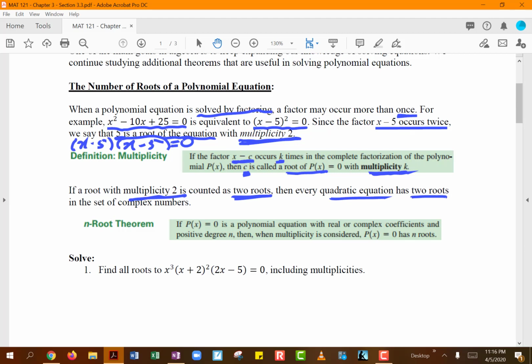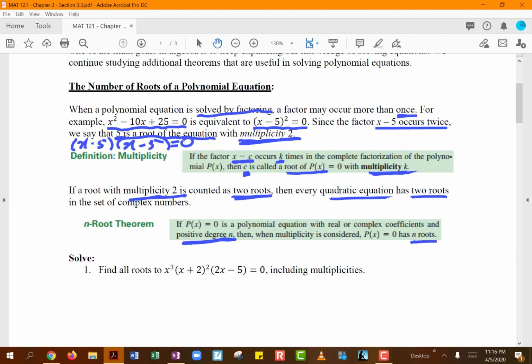This n-root theorem ties in with this multiplicity definition. If we have a polynomial function p of x set equal to 0, and it can have real or complex coefficients, which means real or imaginary coefficients, but your polynomial equation has a positive degree of n, then when multiplicity is considered, you would have n roots.